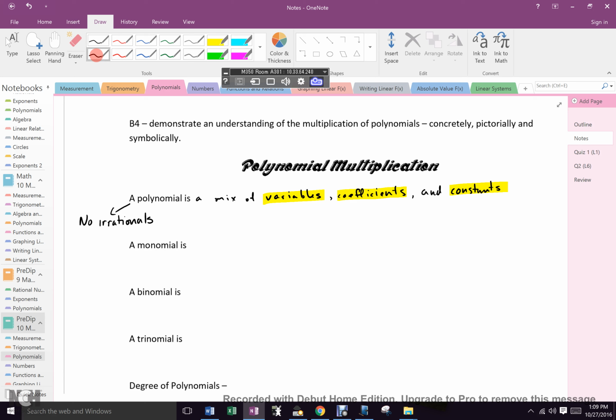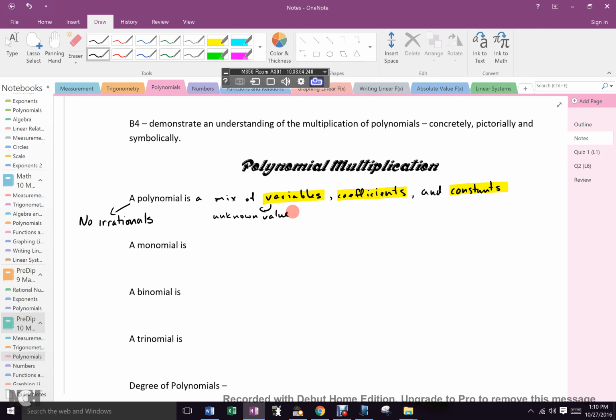Unknown. That's what I was looking for. Thank you. A variable is an unknown value, which means in polynomial operations, you're almost never going to get the answer. Do you understand what I'm saying? Because there is no way to know what they are.